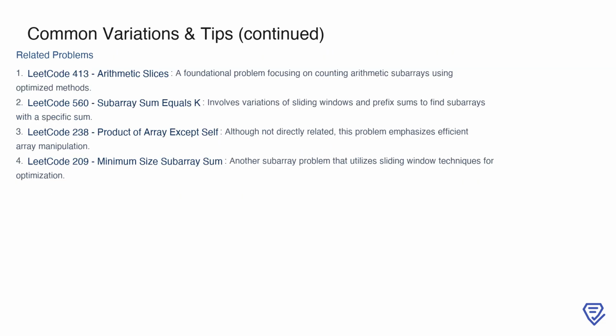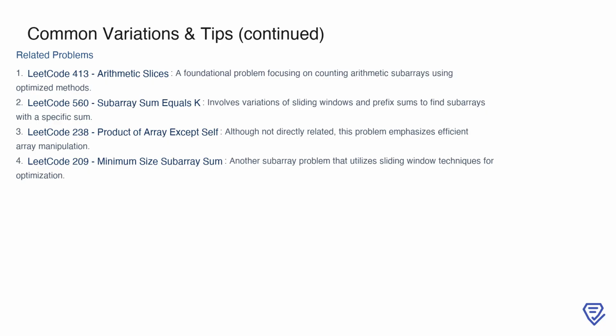To deepen your understanding of this problem, it's helpful to explore related LeetCode problems. For instance, problem 413, arithmetic slices, is a foundational problem that focuses on counting arithmetic subarrays using optimized methods. Another related problem is LeetCode 560, subarray sum equals k, which involves finding subarrays with a specific sum using techniques like sliding windows and prefix sums.